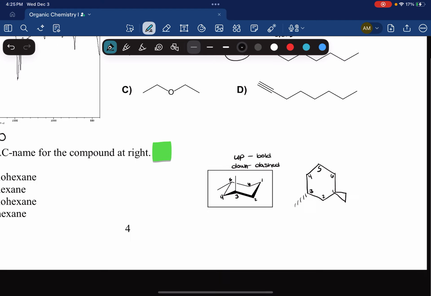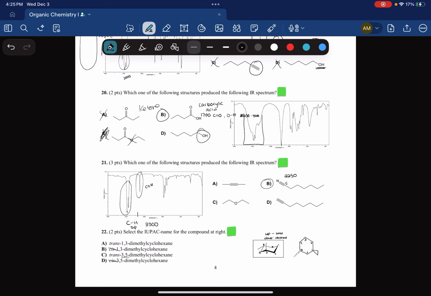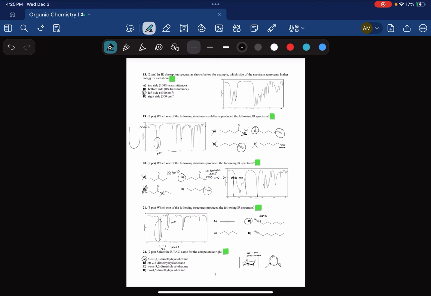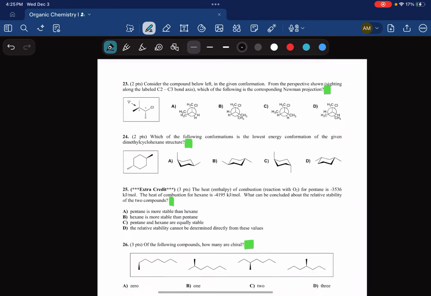You always want to go with the lowest possible numbering system. So 1, 3 is the better option. Even if you have to number your thing differently, because technically 3, 5 is still correct, but that's not how IUPAC numbers. You always want to go with the lowest possible numbering scheme.